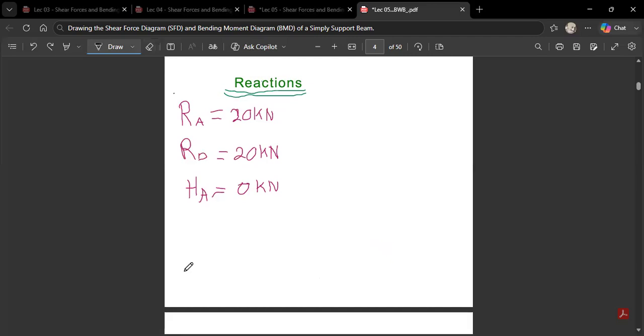So if HA is 0, we just don't put anything over there. This is the beam. So over here, there was a reaction. So we know then this is 20 kilonewton. This was also 20 kilonewton.